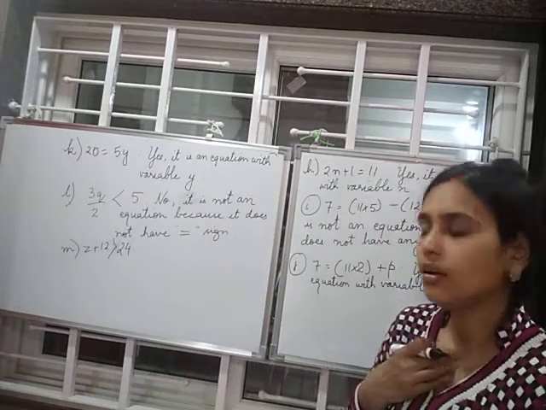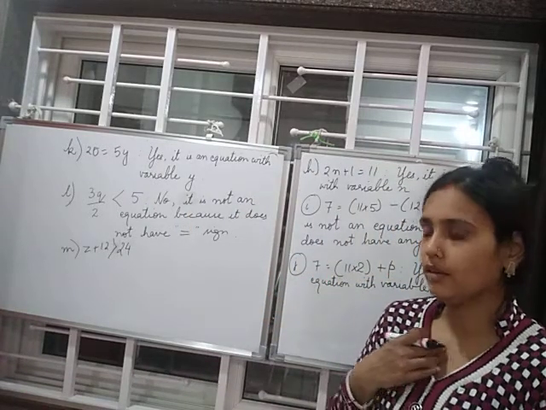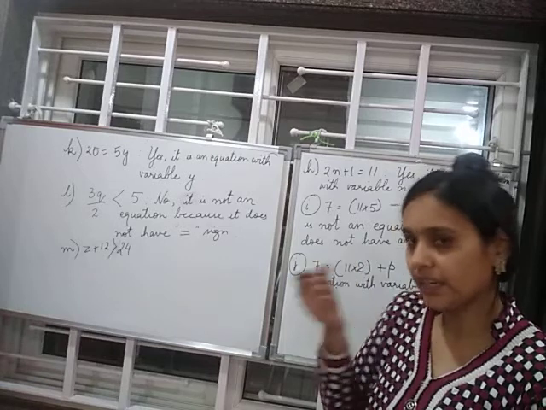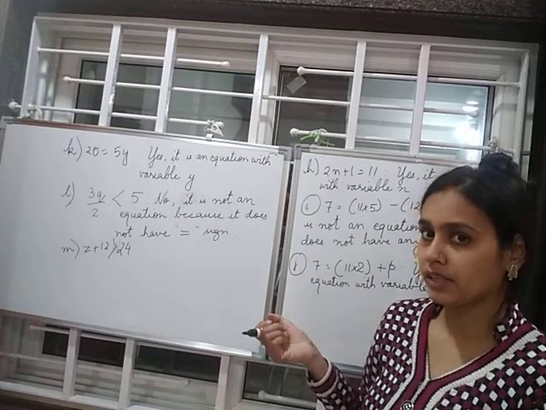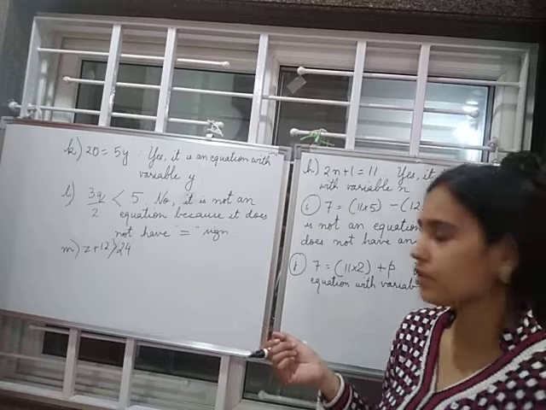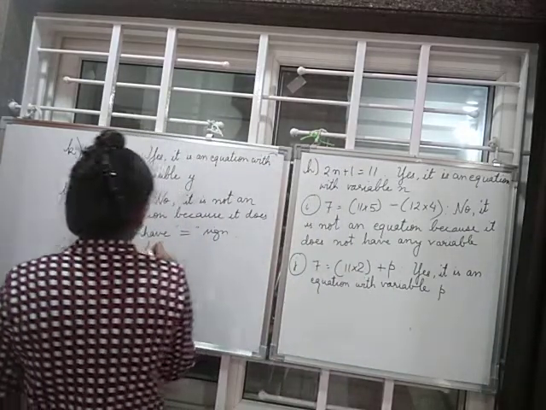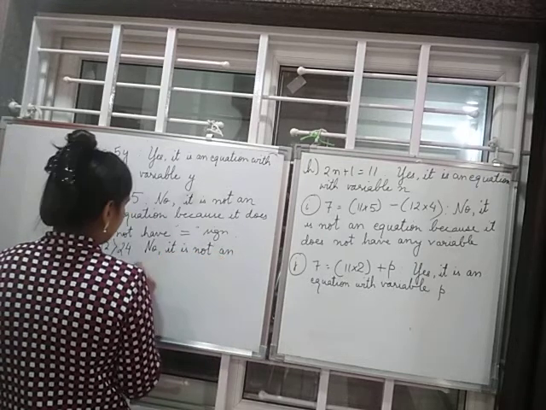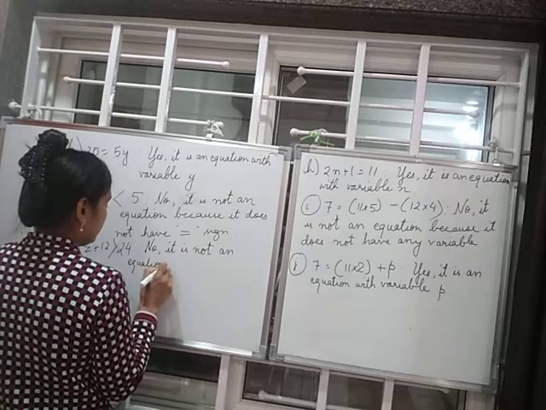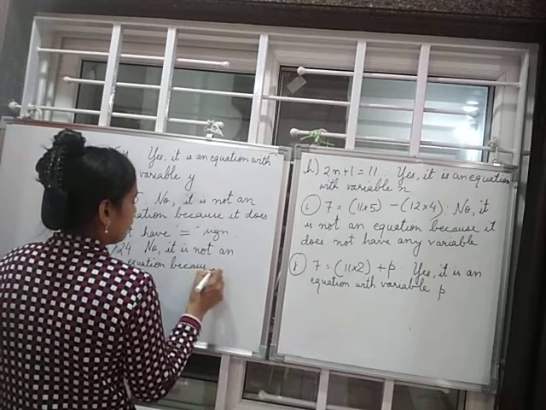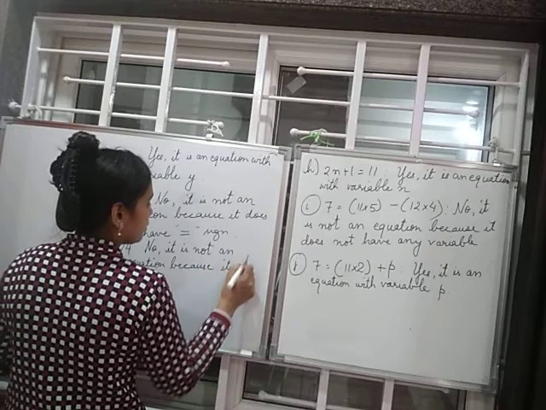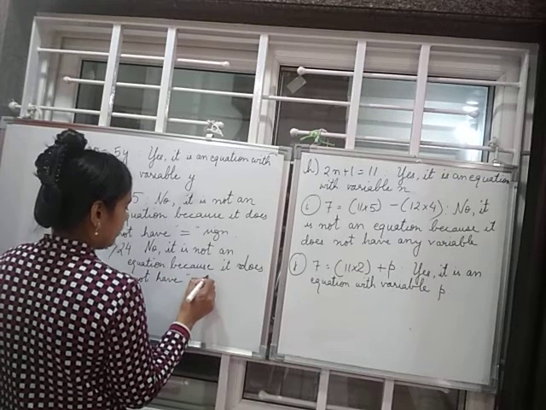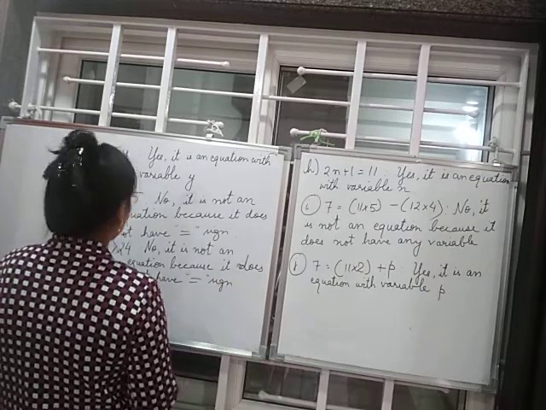Yes or no? The answer should be no. Why? Because the equal to sign is missing. Is there a variable? Yes, the variable is there, z. But the equal to sign is missing. So it's not an equation, because it does not have an equal to sign.